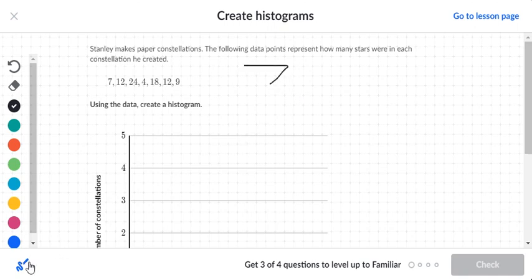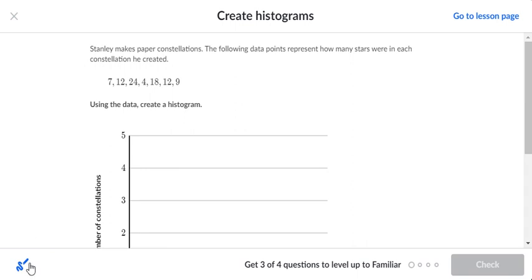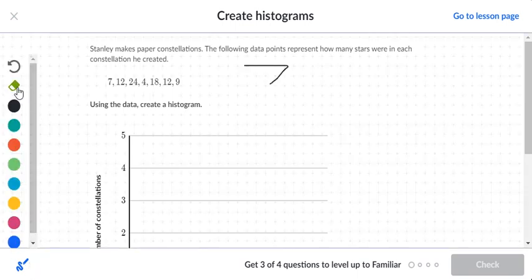Actually, let's do this. Let's put these in order. So let me go and erase this. So the smallest number is actually 4. So we have a 4, followed by 7, followed by 9.